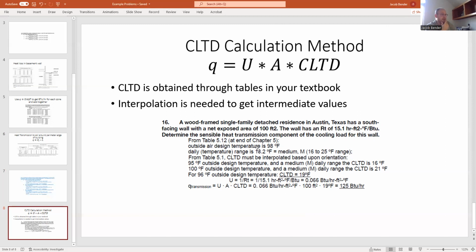For a 100-degree outside design temperature, it's 21 degrees. Interpolating between the two, you get a CLTD value of 19 degrees. So your U times A times CLTD is 0.066 BTUs per hour foot square degree Fahrenheit times 100 square feet times 19 degrees, which gives you 125 BTUs per hour.